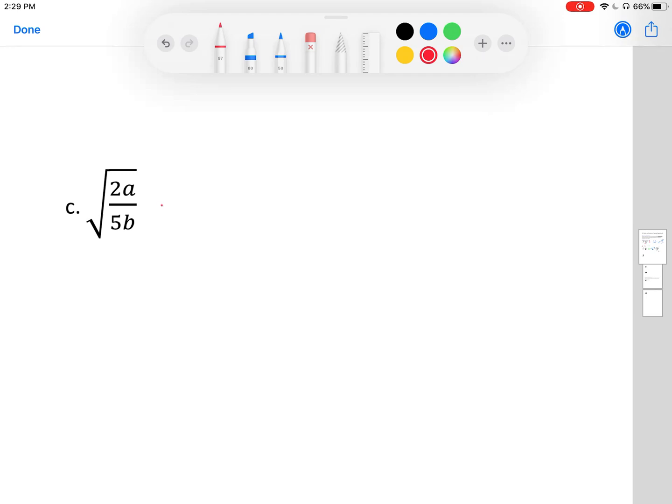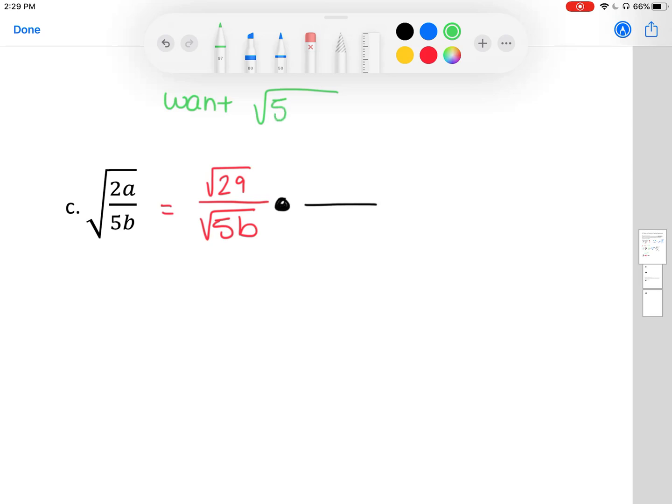So this is the same thing as the square root of 29 divided by the square root of 5b. Okay, so I want to multiply by a special number such that I reach this number squared. So you want the square root of 5 squared and b squared.